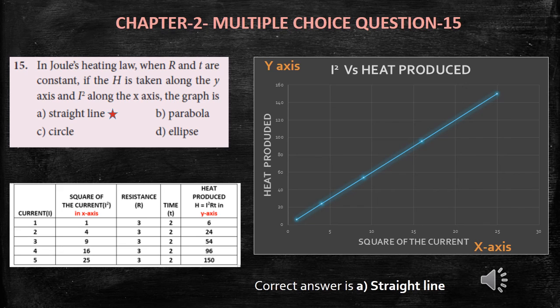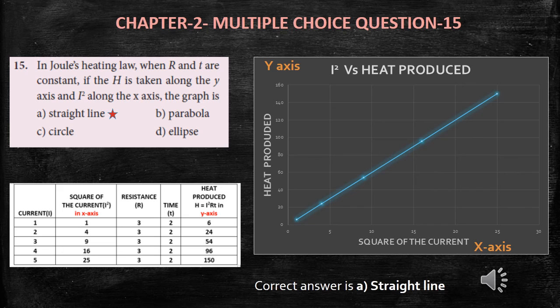The H values, I square R t values, are given here after calculation. For I square value 1, the heat produced is H equal to 6 joule. For I square 4, the heat produced is 24. For I square value 9, it is 54. For 16, it is 96.